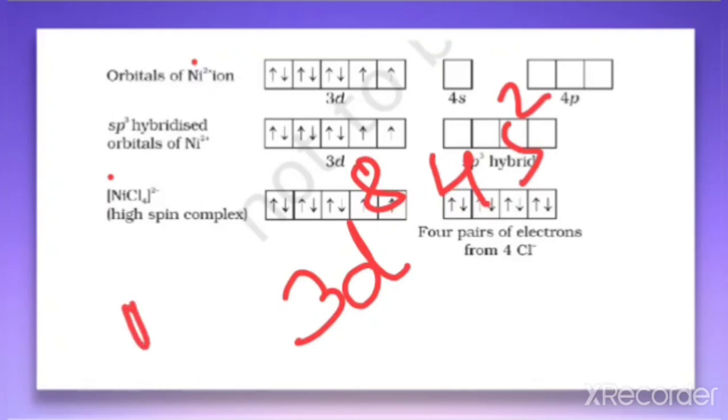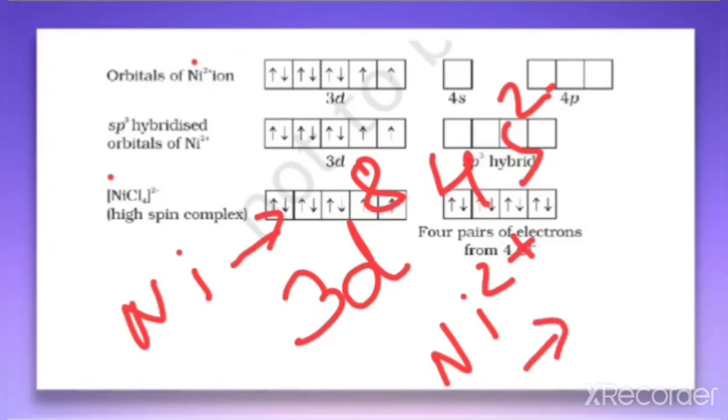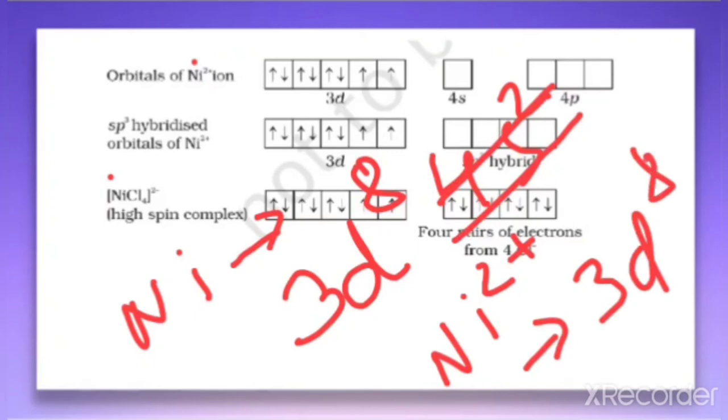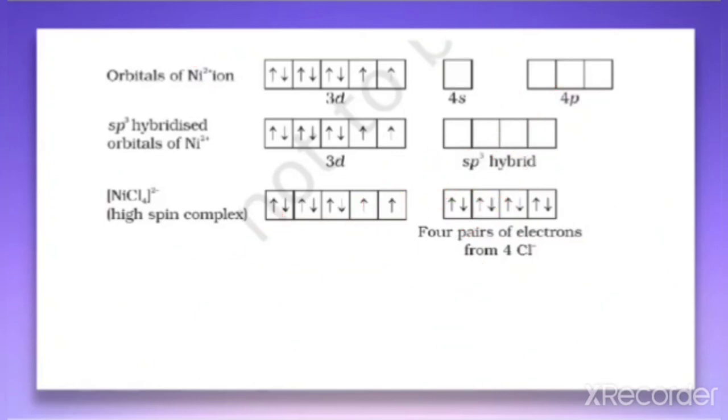So that is for the nickel. But for Ni2 plus, what is the configuration? That is 2 electrons you have to remove from 4s. That is now it is having 3d8. So 3d8. So 8 electrons are made here, that you can show here. See here, 8 electrons are available in 3d. That is 3d8 of nickel 2 positive.